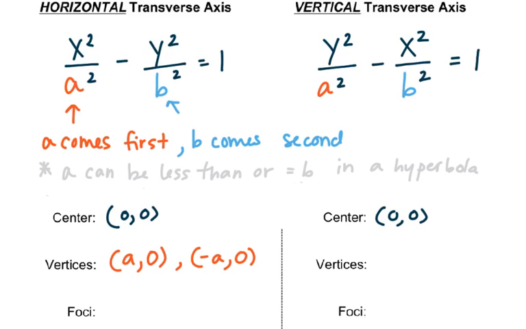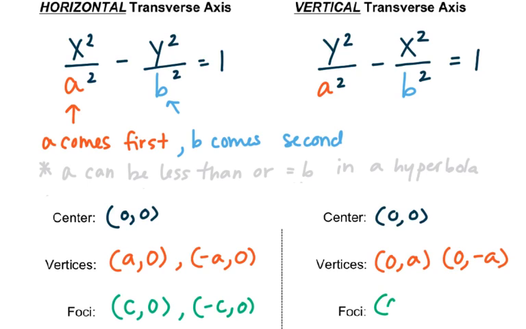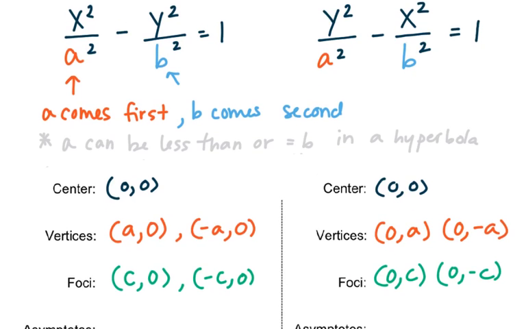My foci, which come from the C value, the foci would be C comma 0 and negative C comma 0. And we'll talk about our C formula in a second. So notice this was horizontal. A and C made changes to my X coordinate from the center. It's going to be the same patterning for vertical, but the change is going to occur in Y. So I'll have 0 comma A, 0 comma negative A, and 0 comma C, 0 comma negative C.